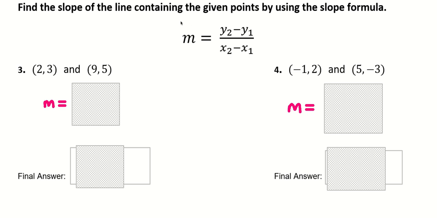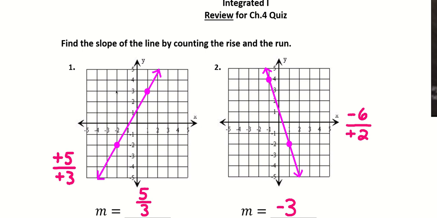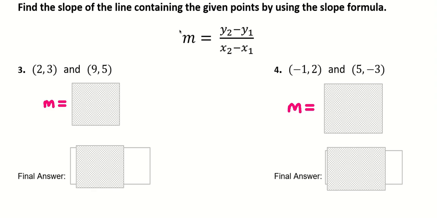Oh look, this one is just giving you the formula, no mystery here. Find the slope. A quick reminder: counting the rise and the run is what the formula is for. It's formula talk for counting your rise and counting your run, because literally subtracting the two y coordinates is like counting.